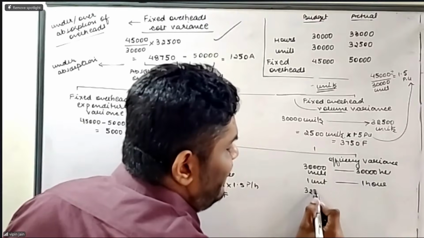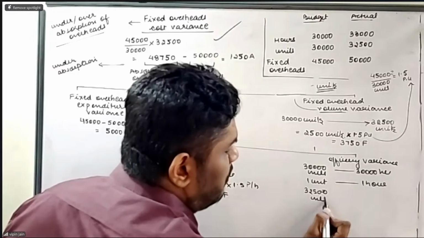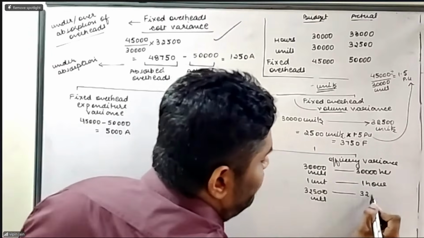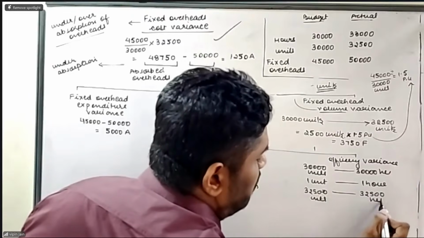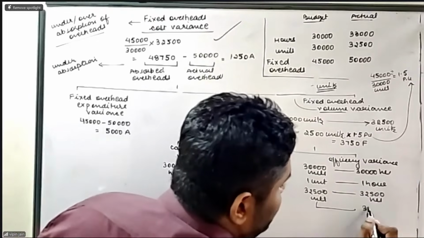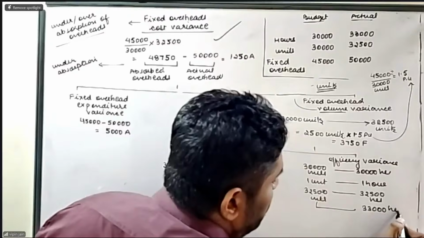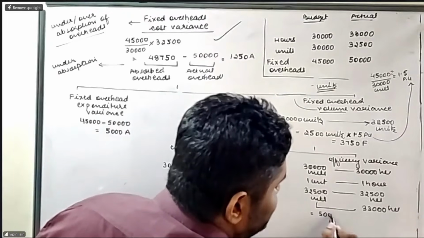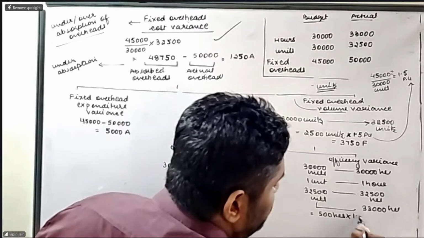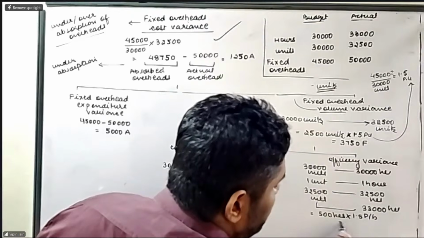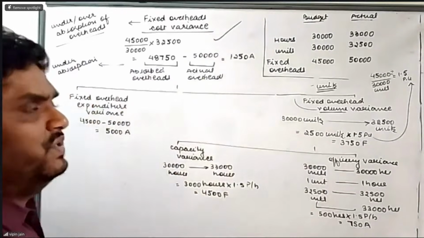So 32,500 units, 32,500 hours. But we actually took 33,000 hours. So 500 hours is my inefficiency into the rate per hour 1.5. So this will be 750 adverse. No change in efficiency also.